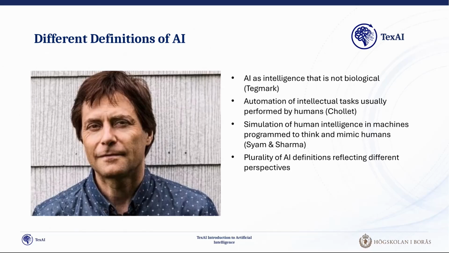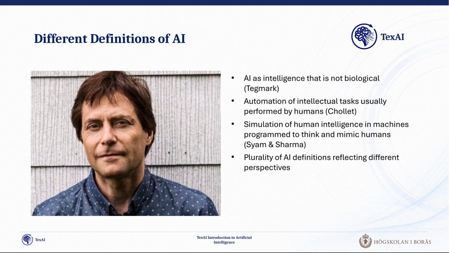AI, or artificial intelligence, is a concept that has been defined in many different ways by scholars and experts, reflecting the diversity of perspectives in the field. Max Tegmark views AI as intelligence that is not biological, emphasizing the distinction between natural human or animal intelligence and the intelligence exhibited by machines.